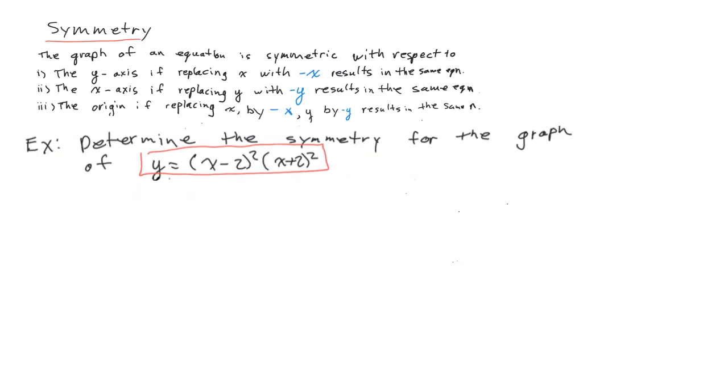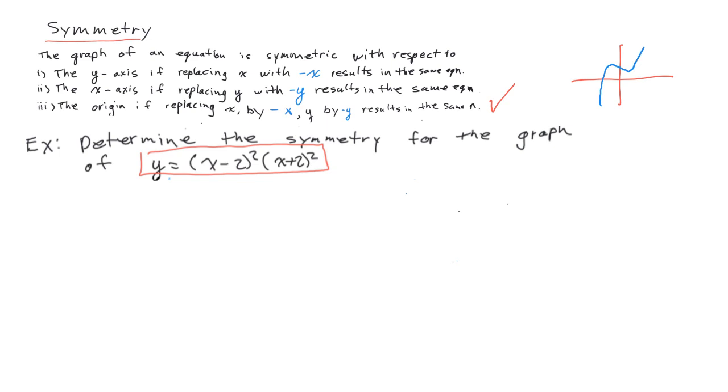So now I'd like to check to see if this graph is symmetrical with respect to the origin. So imagine I have a graph that looks like this. Here's my x-axis, my origin, and say I've got something that does this.